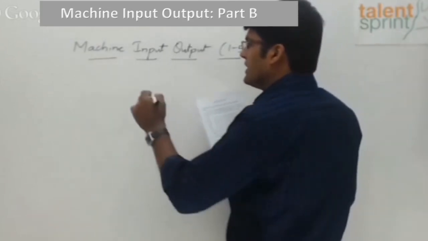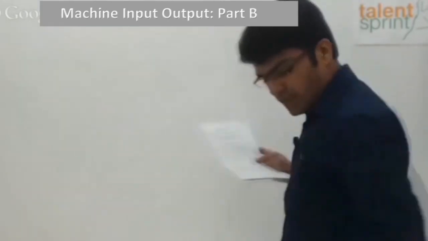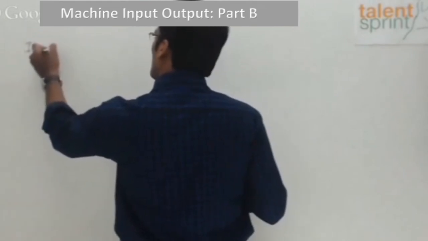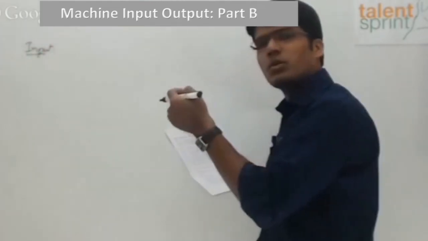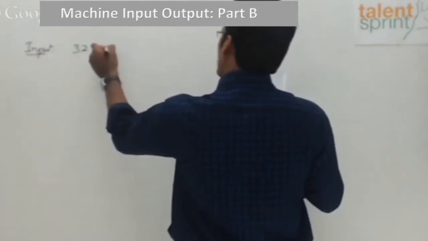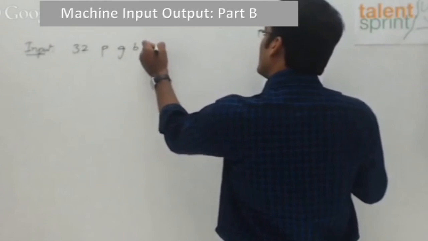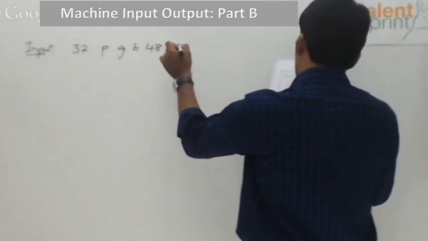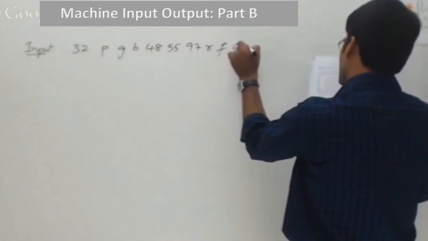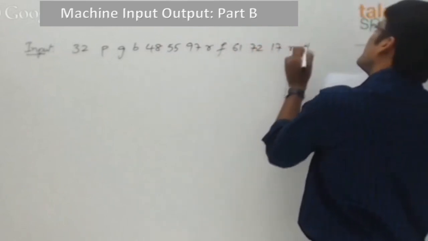So look at the input there. Input is 32 proud girl. Try to keep it simple. I think you know that we'll not write the whole word, but only the first letter, because that is what is important. So: 32 proud girl, beautiful, 48, 55, 97, rich, family, 61, 72, 17, nice, and life, right?